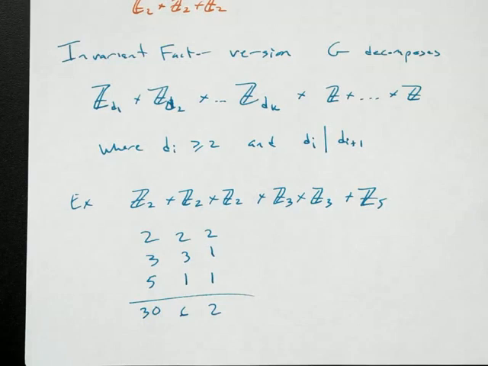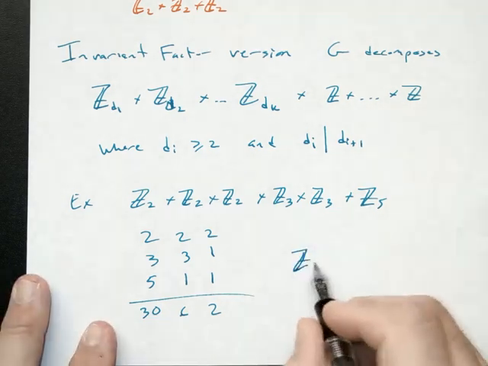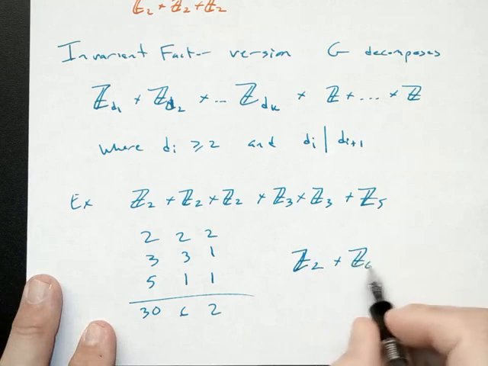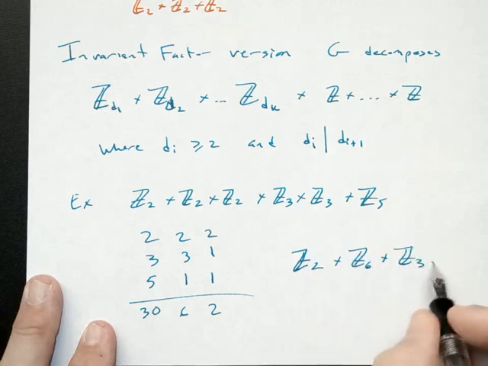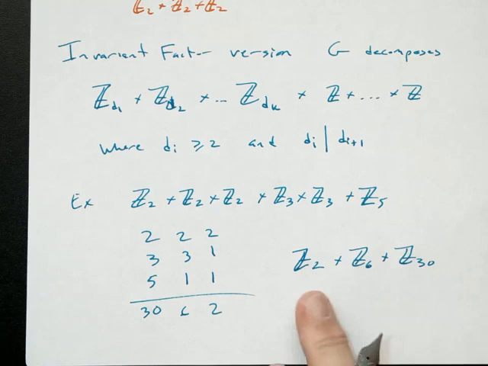Notice the rightmost number divides the next one. This number divides this one. I can keep going from right to left. So that means I would write this as Z2 by Z6 by Z30. And these, each one divides the next one.